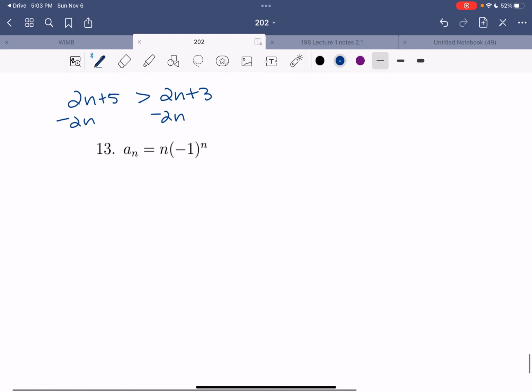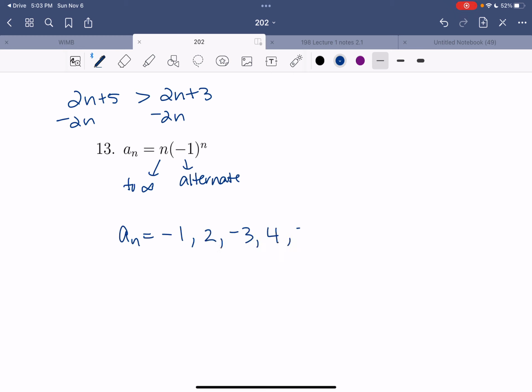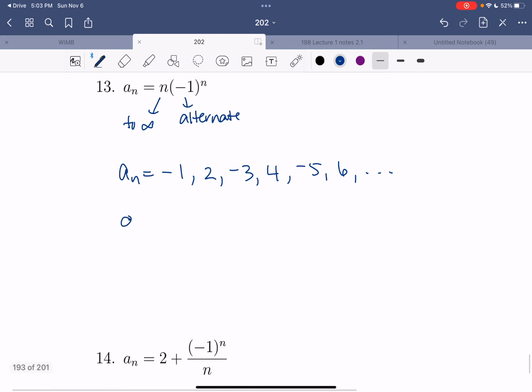All right, now this one, when you have n times negative 1 to the n, this is going to alternate. This one is going to infinity. So you're essentially going like this. Your a_n is negative 1, 2, negative 3, 4, negative 5, 6, etc. So your odds are going to go to negative infinity.